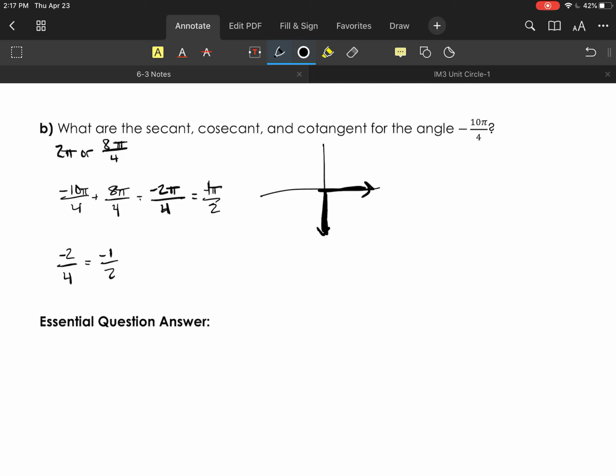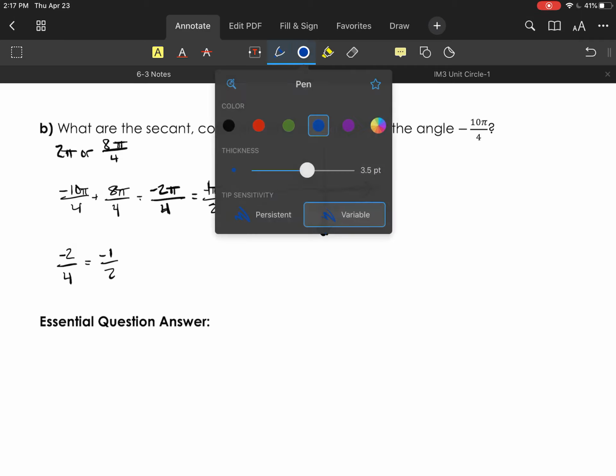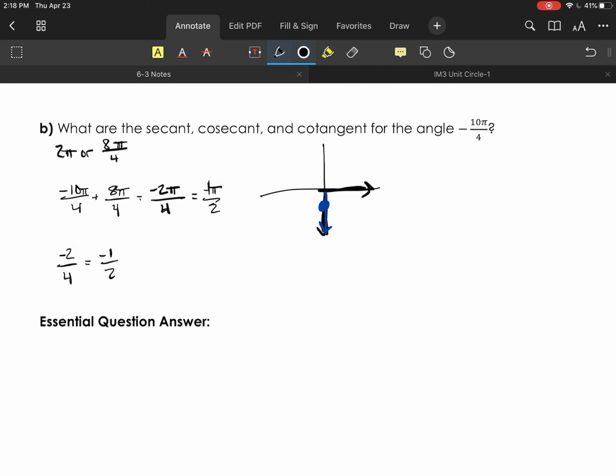You'll notice I cannot draw a reference triangle. What I can do is pick a point on the terminal side of the angle. Once again, my terminal side would be this side, and I can just pick a point on there. The easiest one is, since I didn't move right or left, my x value is 0.